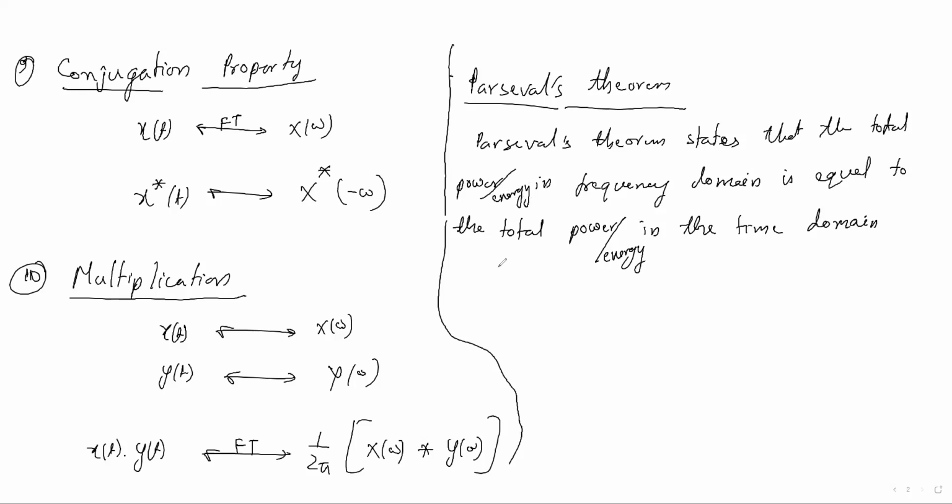Because an aperiodic signal deals with energies. So the relation says the integral from minus infinity to infinity of mod of x(t) whole square dt is nothing but 1 by 2 pi times the integral from minus infinity to infinity of mod of X(omega) whole square d omega.